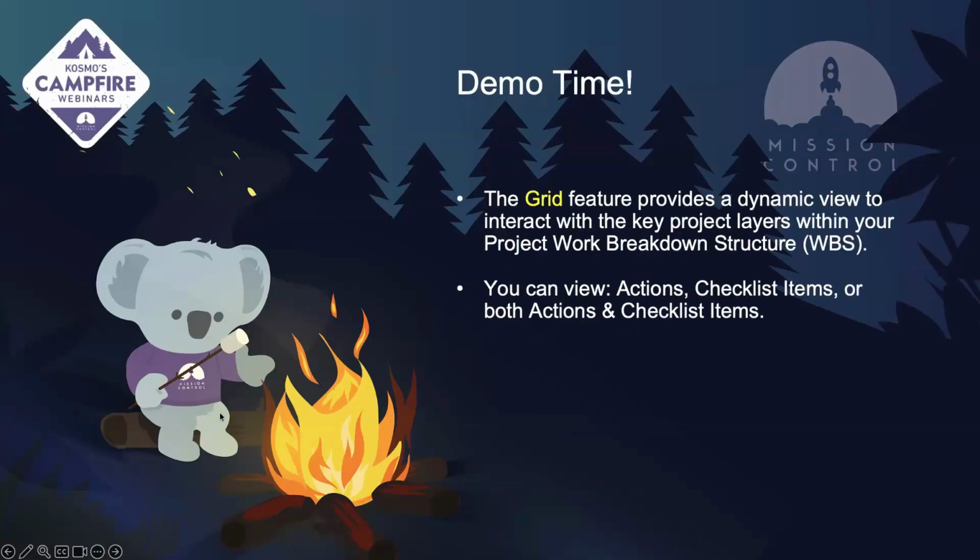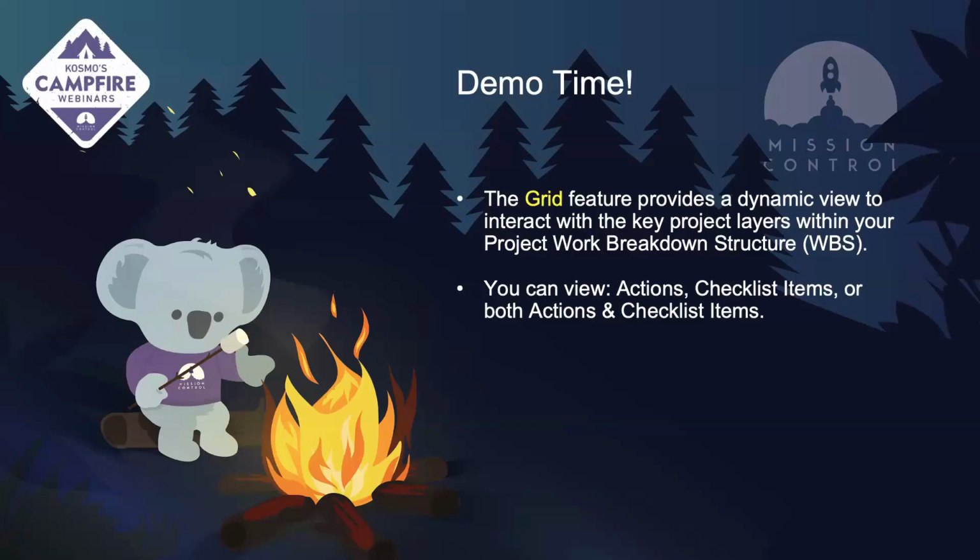So the main definition that we're looking at for this grid tool is that it allows a dynamic view for you to interact with key project layers within your project work breakdown structure. Obviously, the project work breakdown structure in Mission Control refers to the 7 layers that we have in a project.